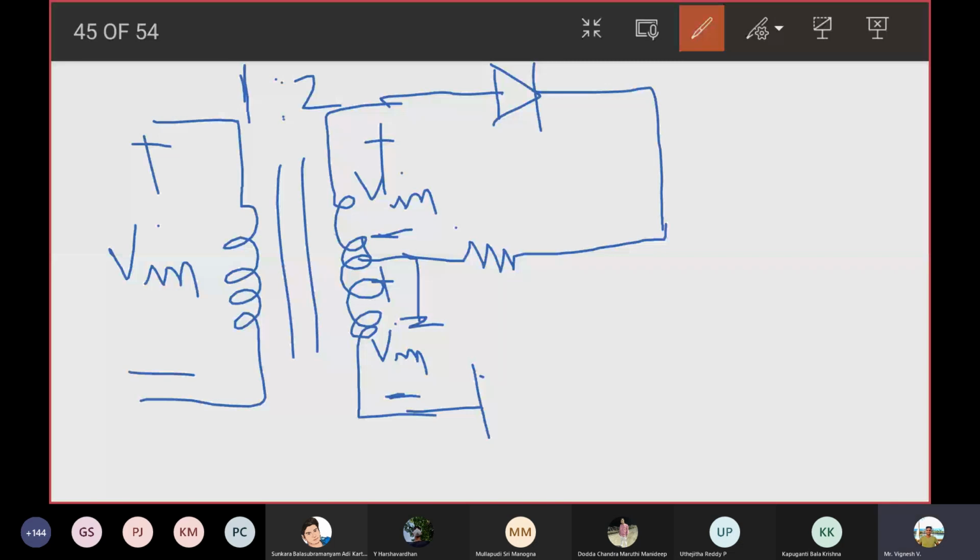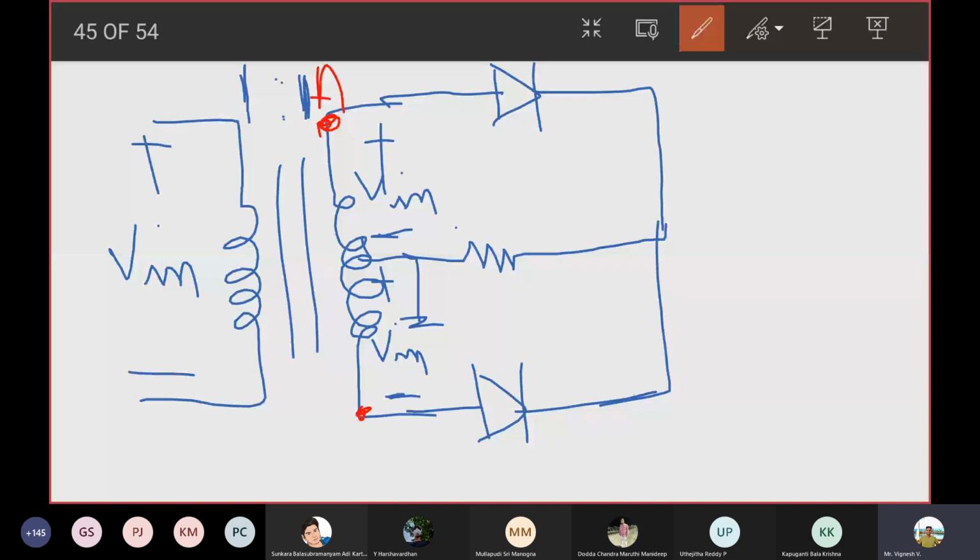Right. Now my argument is, if your turns ratio is not 1:2, if your turns ratio is just 1:1, which means across the secondary coil from node A to node B, what would the voltage be? It'll be the same. There is no stepping up, right? It'll be Vin. Yes, sir.